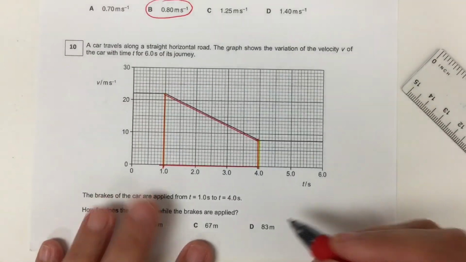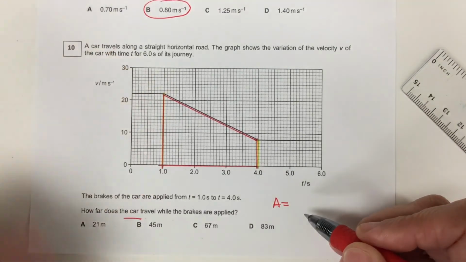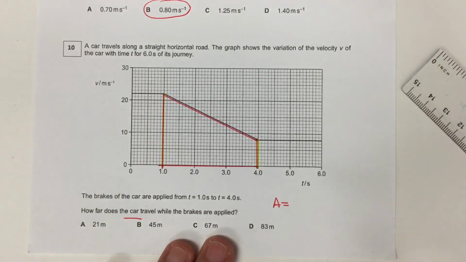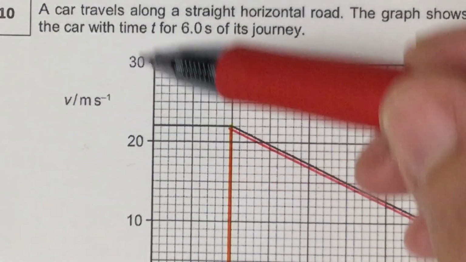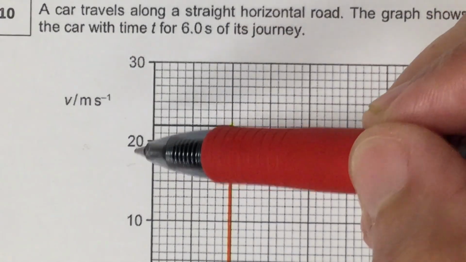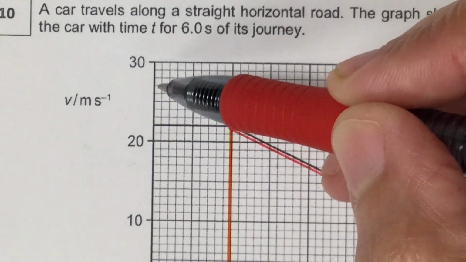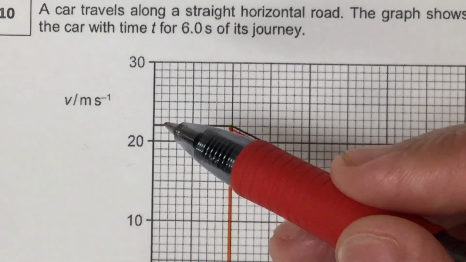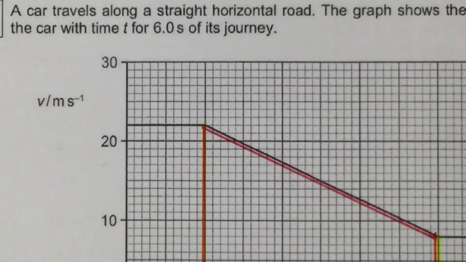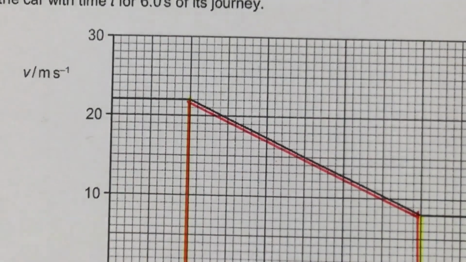The area of this trapezoid uses the big base, so I need to figure out how much each box is. I have 30, and here is 20, the difference is 10, and I have 1, 2, 3, 4, 5, 6, 7, 8, 9, 10. So each box corresponds to 1 meter per second. So this is 22 meters per second.